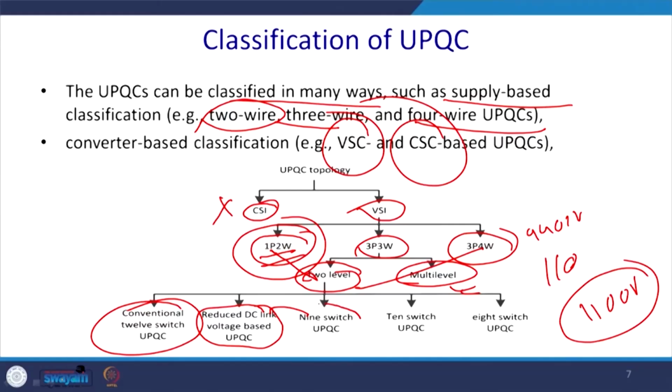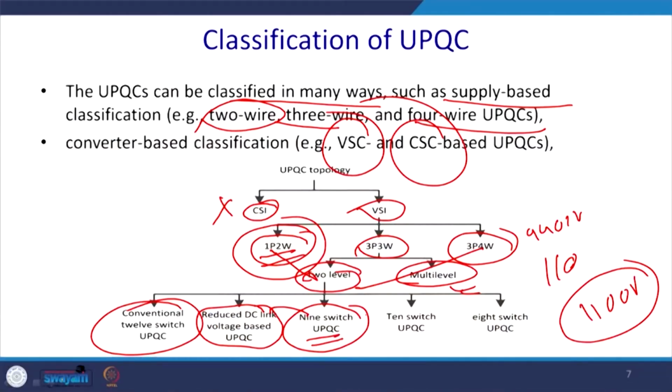So, that is one of the problems, and we have a reduced switch, that is the 9 switch UPQC instead of the 12 switch. The number of switches has been reduced, but what happens is the conduction of the switches increases. So, the switches are overloaded, and accordingly you have to take care of it by cooling. Commercialization, reliability and redundancy are the issues, and for this reason we have to see the effectiveness of the 9 switch UPQC.